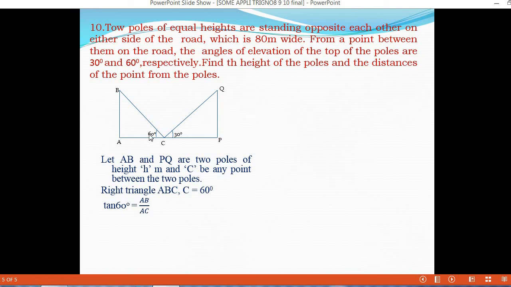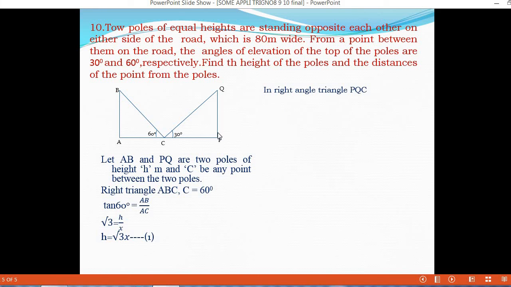So tan 60 is equal to AB divided by AC. Tan 60 is nothing but root 3, is equal to H by X, because AB is nothing but H, and AC is nothing but X. Therefore H is equal to root 3 X.